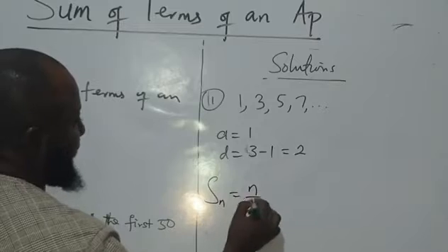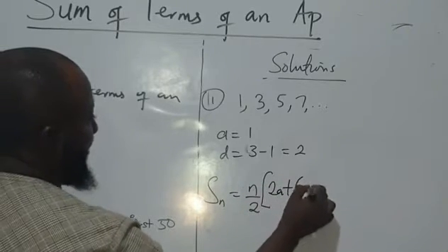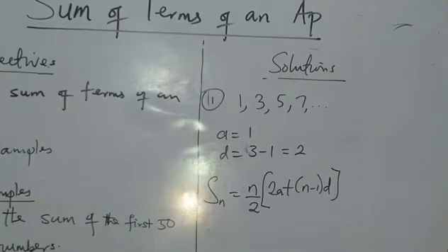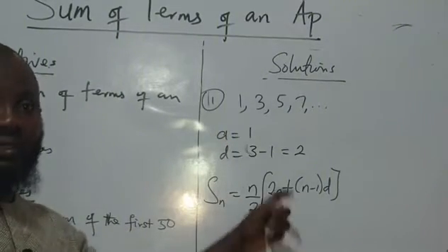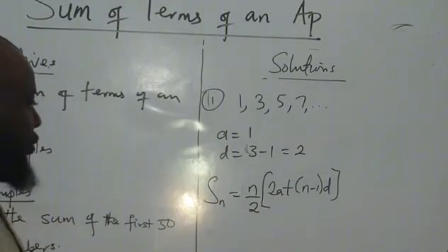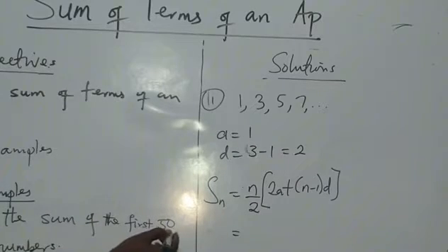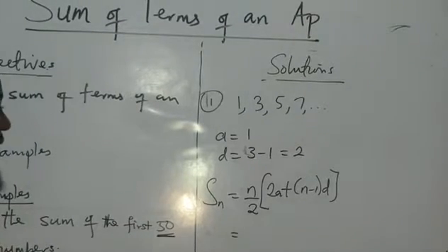So the sum, S_n, we have n divided by 2 into bracket 2a plus n minus 1 bracket d, then we close it. We make use of this formula because we don't know the last term, so we can't use the second formula. In this case, what is our n? Because it's the first 50, we are looking at 50 terms, so n is 50 here.